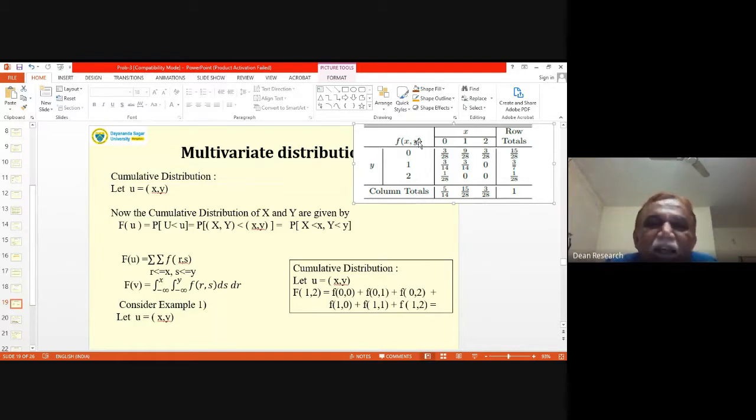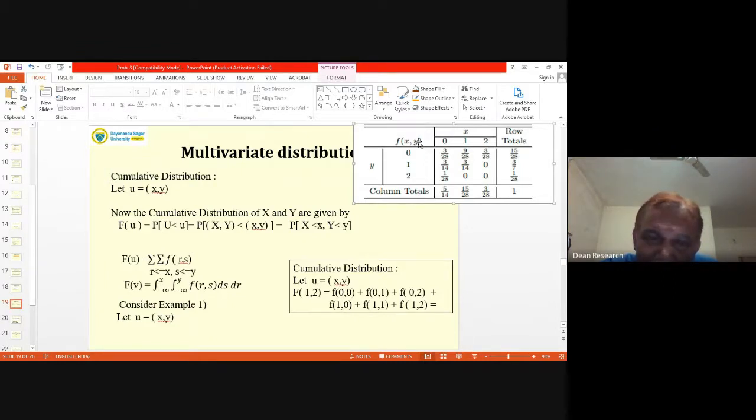I have introduced the vector notation just for simplification, because when I say f of u, both components, the variables capital X and capital Y, should be less than the values small x and small y respectively. That's why I have used this notation. F of u is equal to P of capital U, the pair capital X comma Y, less than the pair small x comma y.